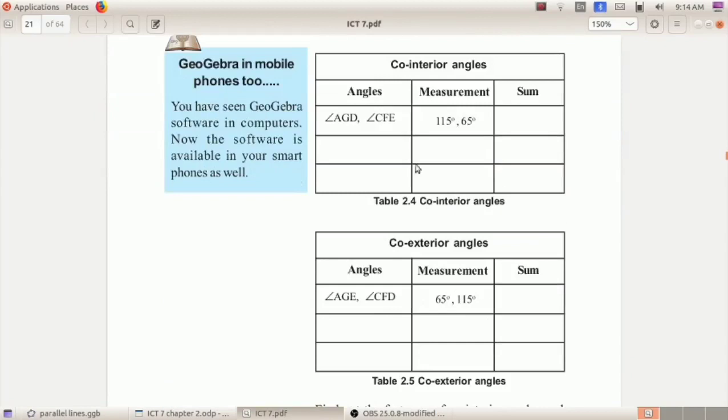Then by filling these two tables for co-interior angles and co-exterior angles, we can conclude that when two parallel lines are intersected by another line, always the sum of co-interior angles will be 180 degree and the sum of co-exterior angles will be 180 degree. So now you can't do these activities in your lab, so no need to fill these tables, okay?